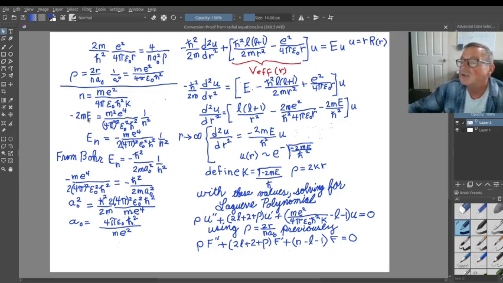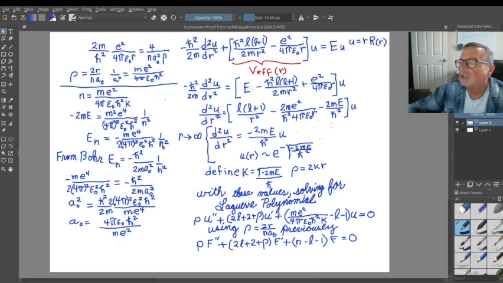Now what I'm going to do is solve for E, so I'm going to multiply both sides times -1, or divide both sides by minus 2m. And what that does is, by dividing by m, this goes from m squared to an m, and this has a 2 down here in the denominator, and that's a 4 pi squared. Those are still the same, 1 over n squared.